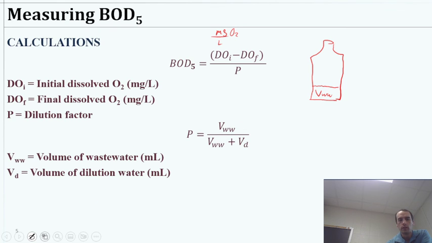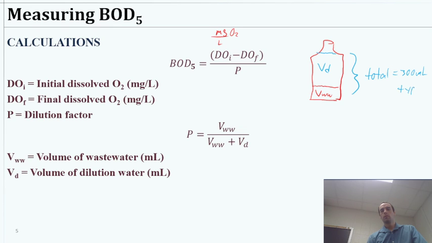And then some other portion we add some dilution water. Then that's where we're getting a total, which is usually 300 milliliters. And we can say that, well, the total, regardless, is going to be, whatever it actually is, that V_WW plus V_D, right?